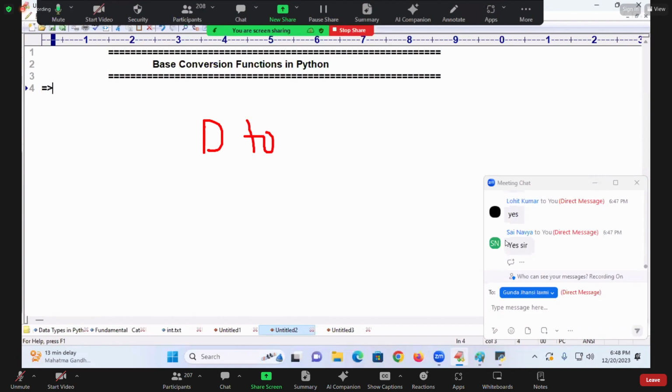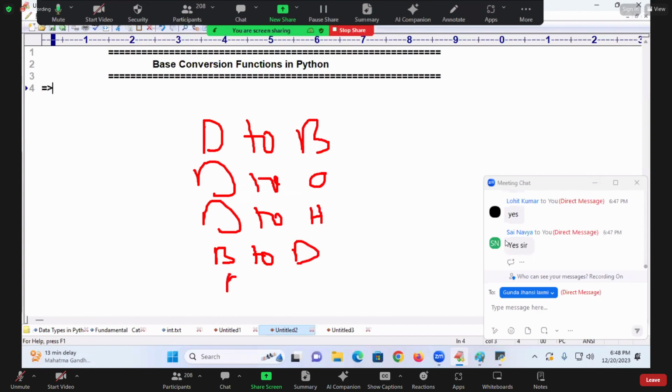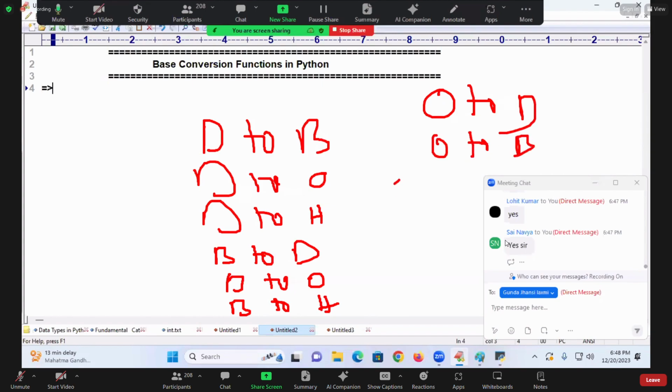Decimal to binary, decimal to octal, decimal to hexa. Next, binary to decimal, binary to octal, binary to hexa. Next, hexa to decimal. Octal to decimal, octal to binary, octal to hexa. Hexa to binary.